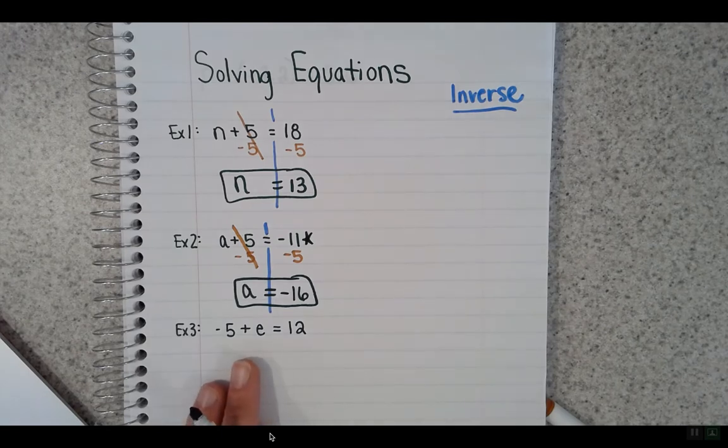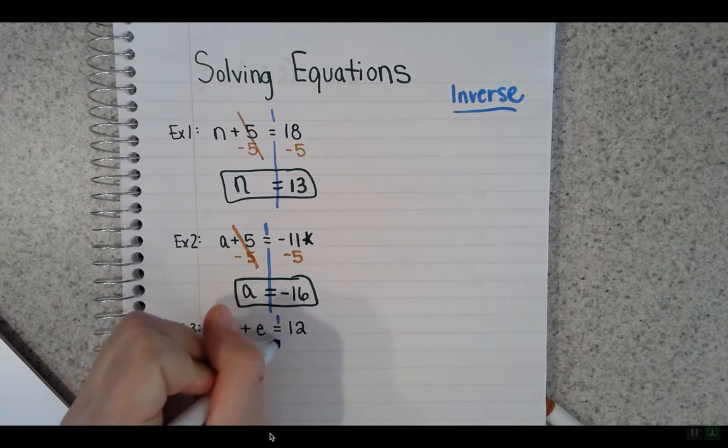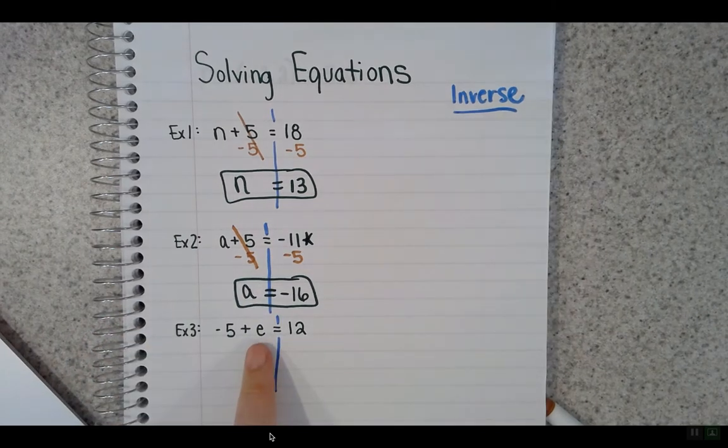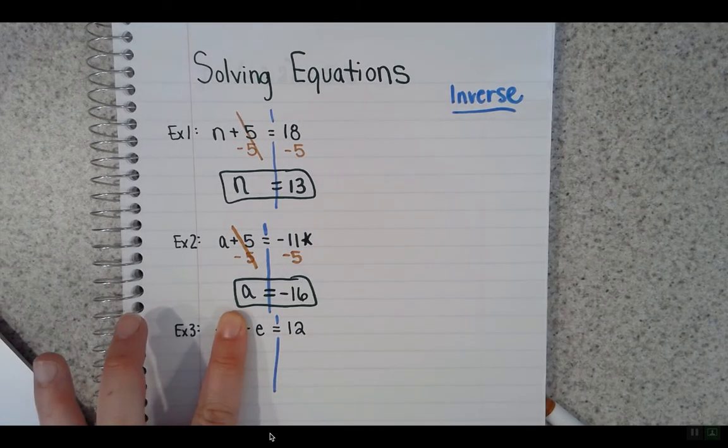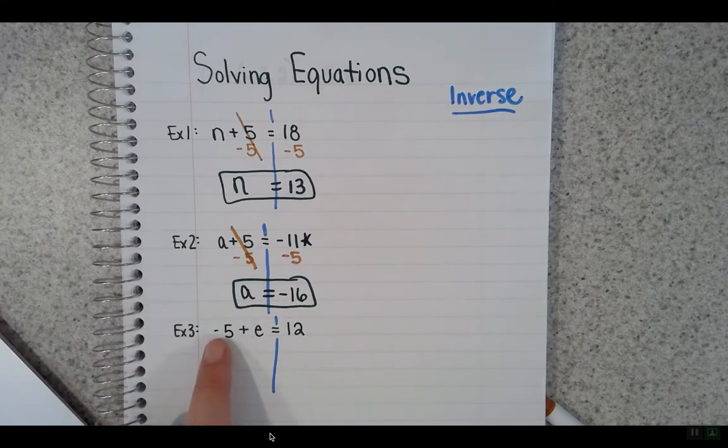Okay, last example. I'll draw a wall for my equal sign. I want to get e by itself. Notice if I cover up this negative 5 plus, e is all alone on the left side of the wall. What's the opposite of a negative 5, or I guess a minus 5?